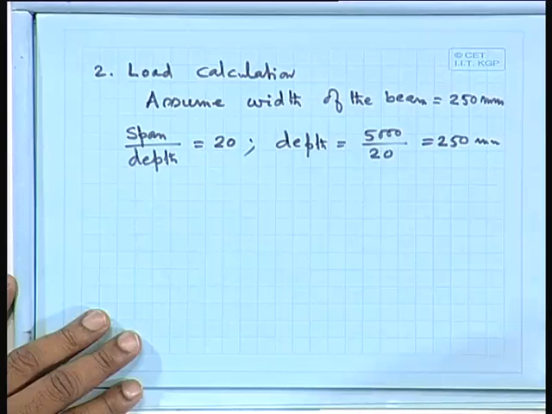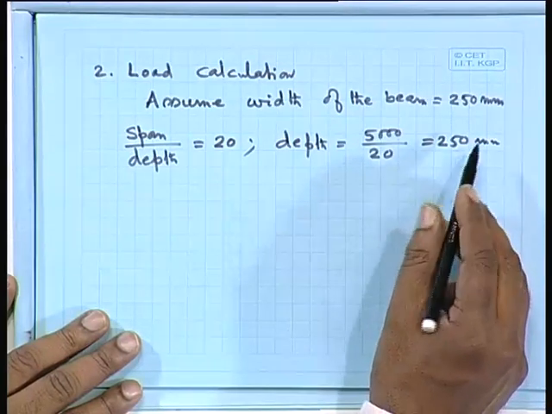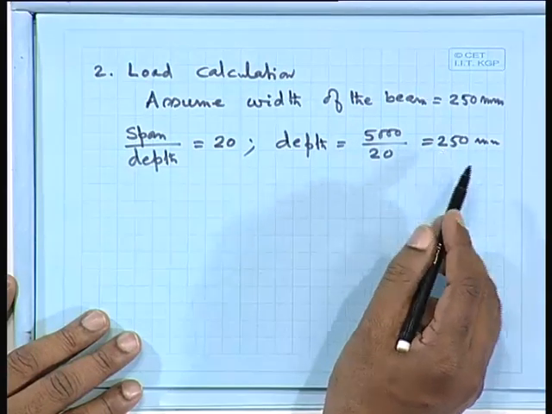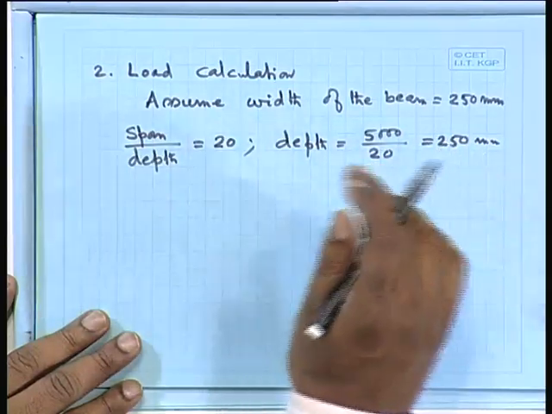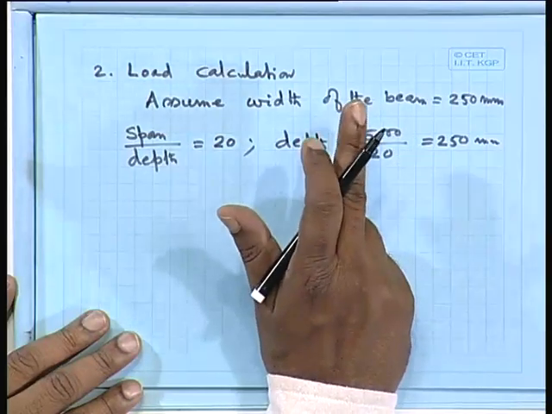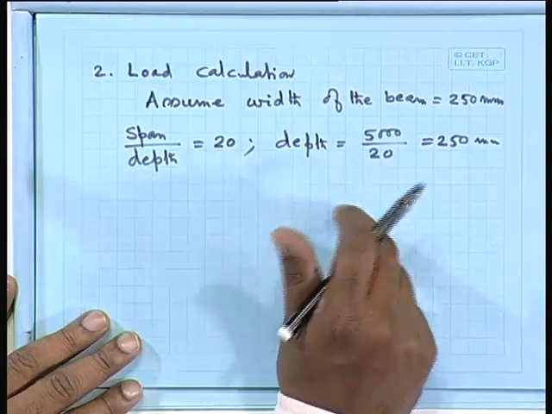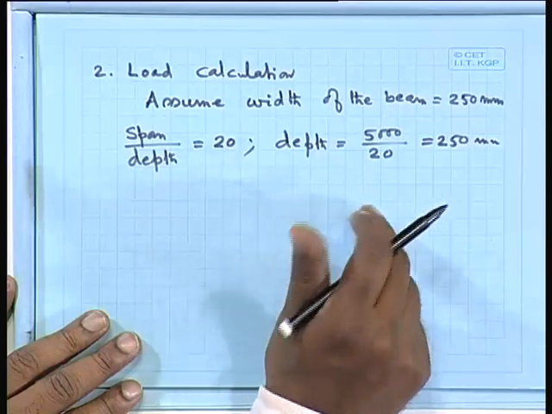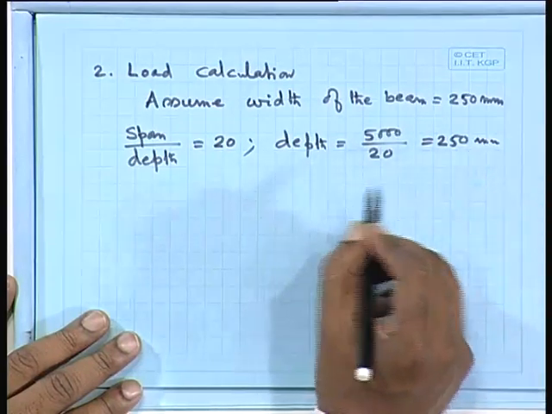If we start using this value, you will find that it will be very less. I have to calculate the self weight of the beam, then the live load given, then the bending moment due to the applied load, and then the equivalent bending moment due to torsion. Because if I start with 250 millimeter, it will be very less.